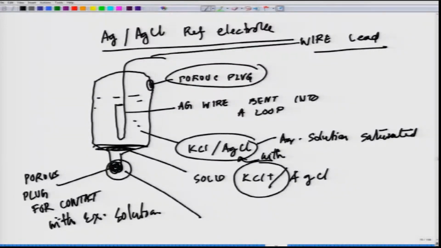For example, if an electrode has a potential of say minus 0.461 volt with respect to the calomel electrode, what is the potential with respect to silver chloride electrode? What would be the potential with respect to standard hydrogen electrode? You can always calculate it. Okay? I wish you remember this question and try to solve it by yourself.